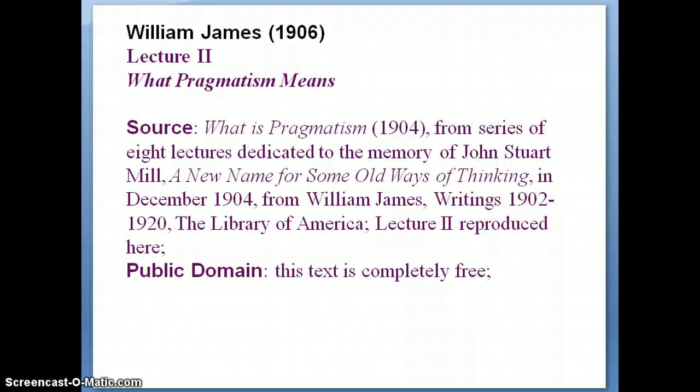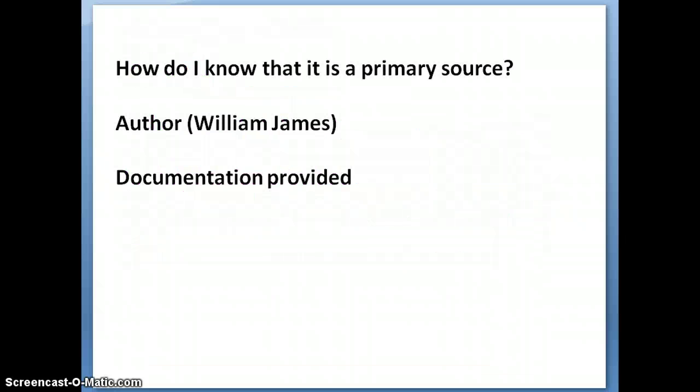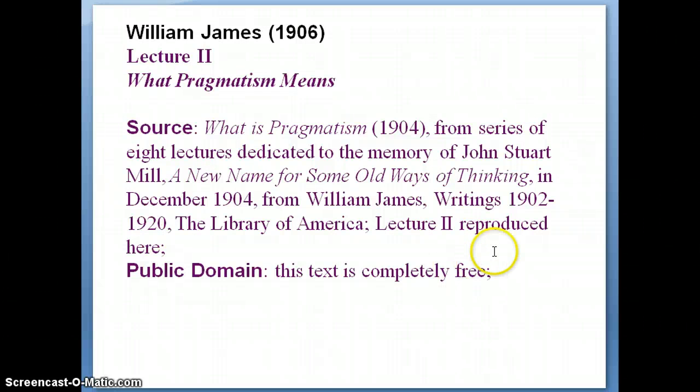He was a big wheel in pragmatism, so he's a primary author. Anything that William James writes on pragmatism is going to be primary source information. Secondly, they've already provided the documentation for it. In other words, I have a provenance for it. I know the source of it.